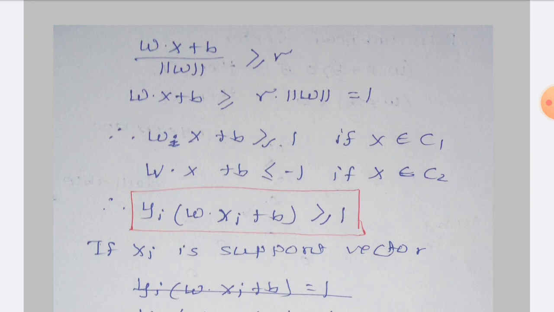Actually it is greater than 1 or less than minus 1: if it is greater than 1, then X belongs to class 1, and if it is less than minus 1, then X belongs to class 2.